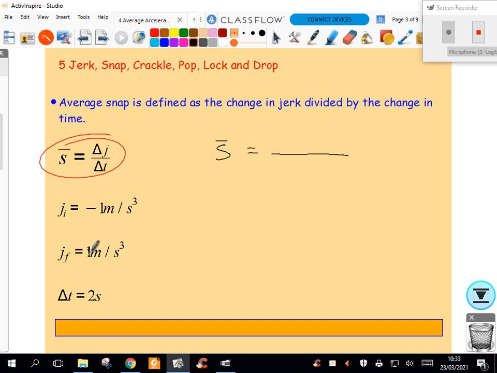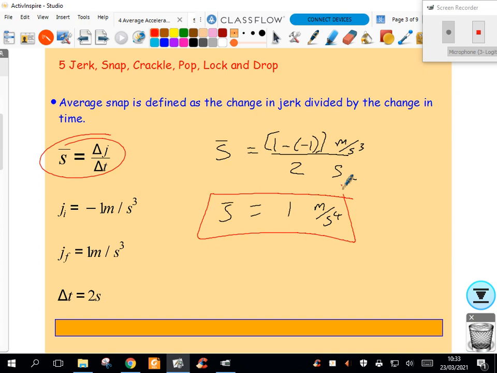If the final jerk is 1 and the initial jerk is -1, then 1 subtract -1 will be the change in jerk. Notice the units there will be meters per second cubed. And on the bottom, 2 seconds of time have passed. 1 subtract -1 is +2. 2 divided by 2 is 1. And my units here now are meters per second to the power 4. And that's my average snap.